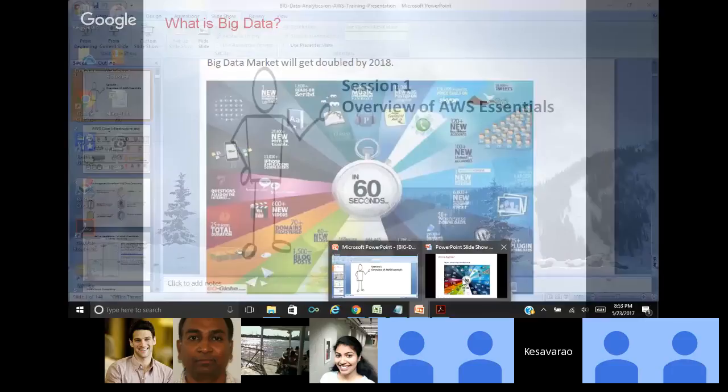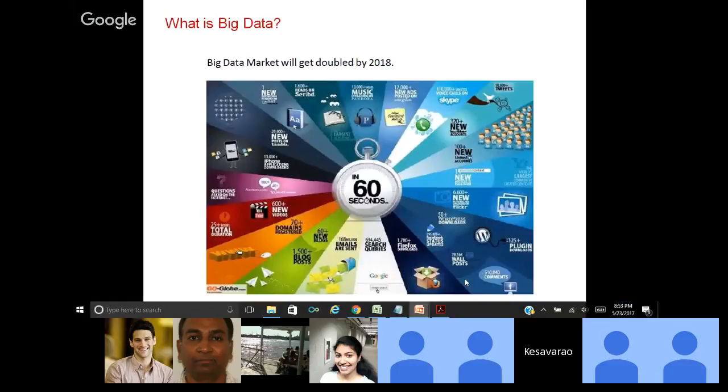If you see the big data market here, every year it's actually doubling. A lot of the statistics you see here are at least a year old, and every year they are getting doubled. What type of data?